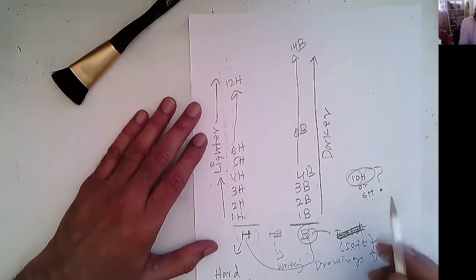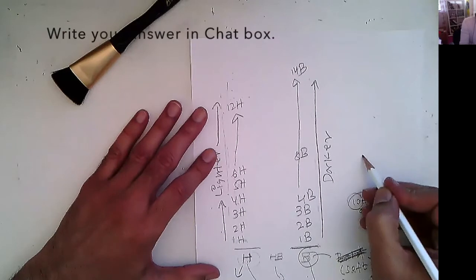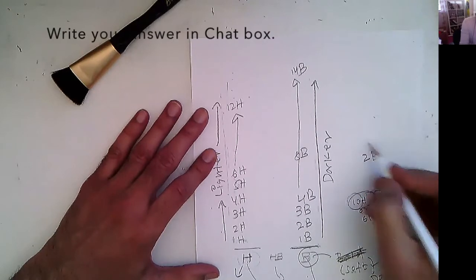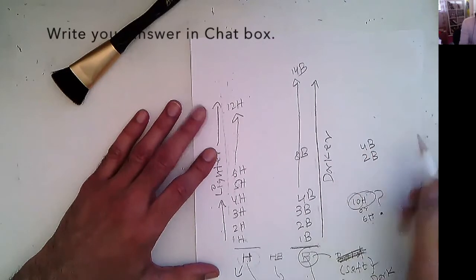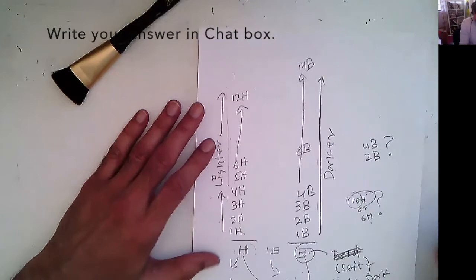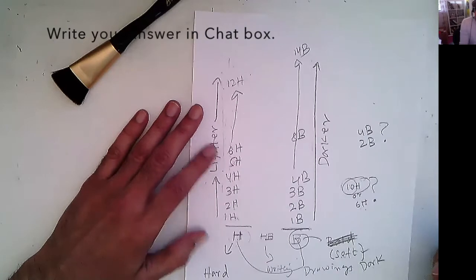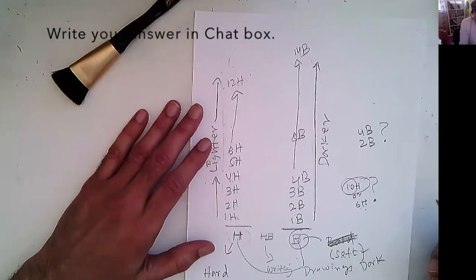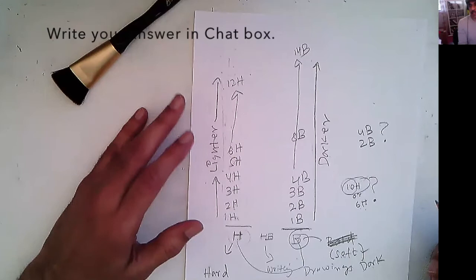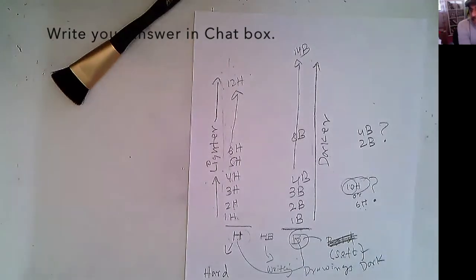All right. Which one is darker, 2B or 4B? Write it down. Very nice. So far, so good. I'm watching. Everybody got it, 4B, right?